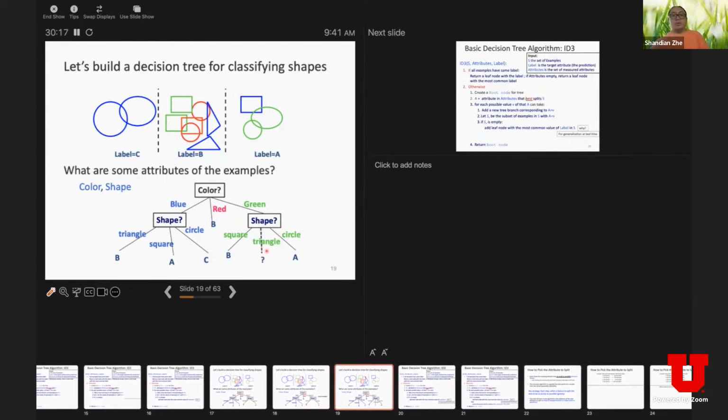I'm going to use the most common label in the corresponding subset associated with this node as my leaf node's label. In this way, we can guarantee that no matter if some attribute values are missing in any subset, it will always give you some reasonable prediction. Any questions?